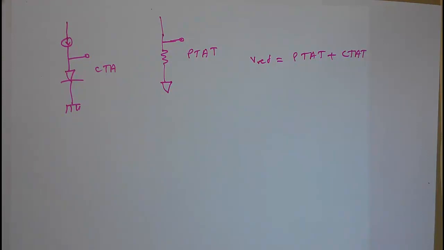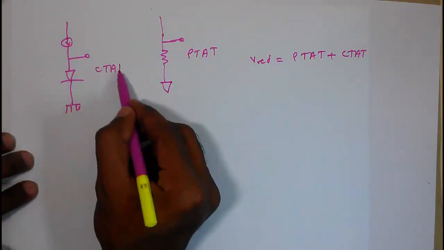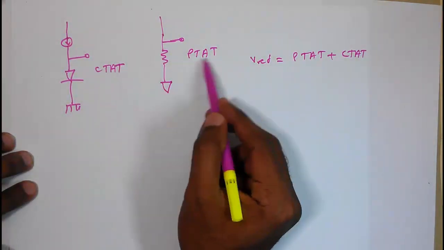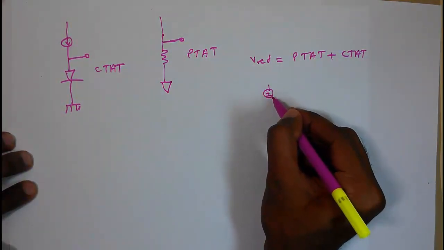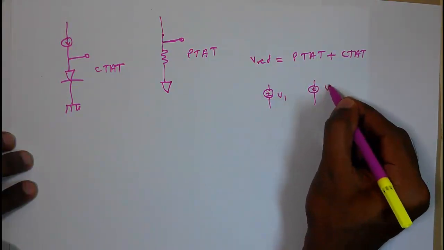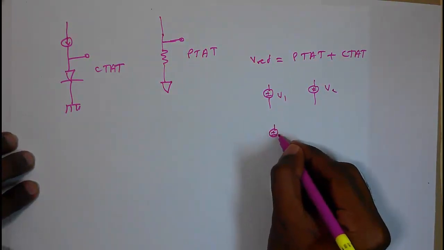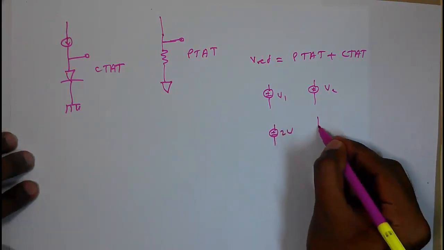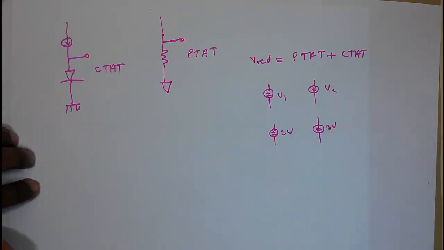So we want to add two voltage sources, PTAT plus CTAT, and we have one voltage source CTAT here and another voltage source PTAT here. So if we have one voltage V1 and another voltage V2, how will we add them? Suppose we have a 2 volt here and a 3 volt here, and suppose I need 5 volt.